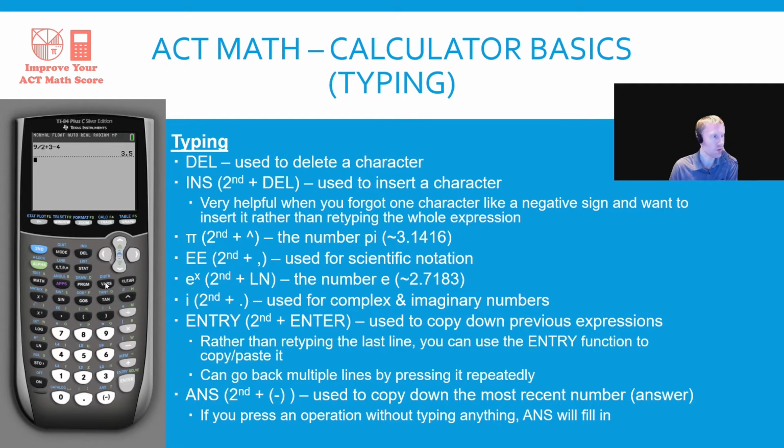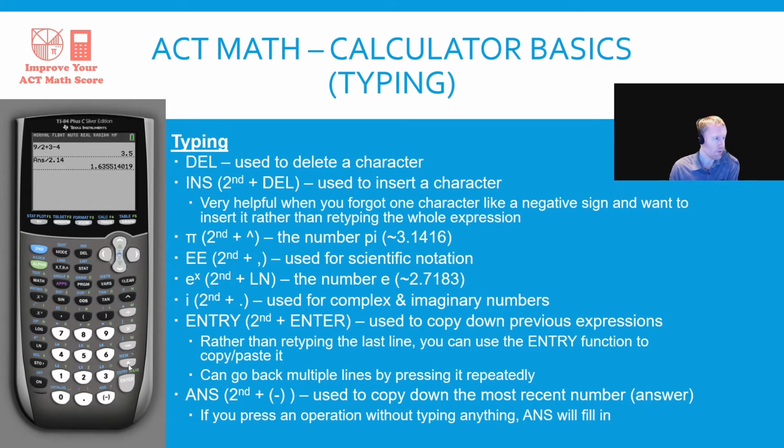And that's 3.5. Now, if I hit divided by, multiplied, minus or plus, it'll automatically take that last number, which is 3.5, and put that in front of whatever operation I hit. So here I hit divided by, and then I'm going to do divided by 2.14, and I get that number.